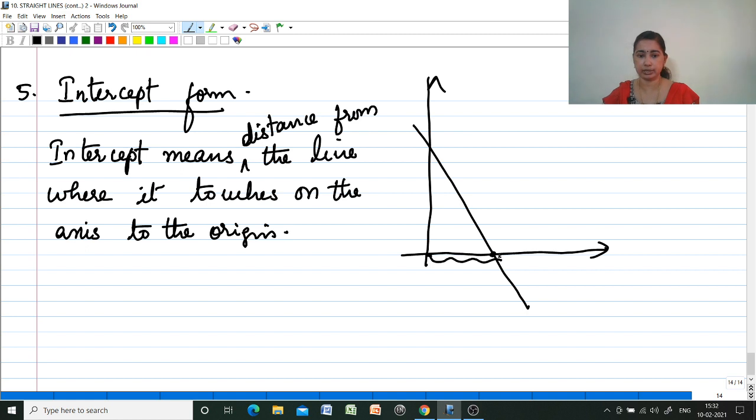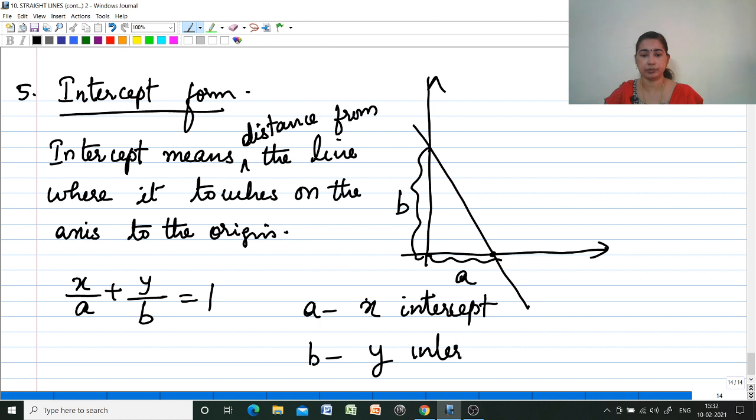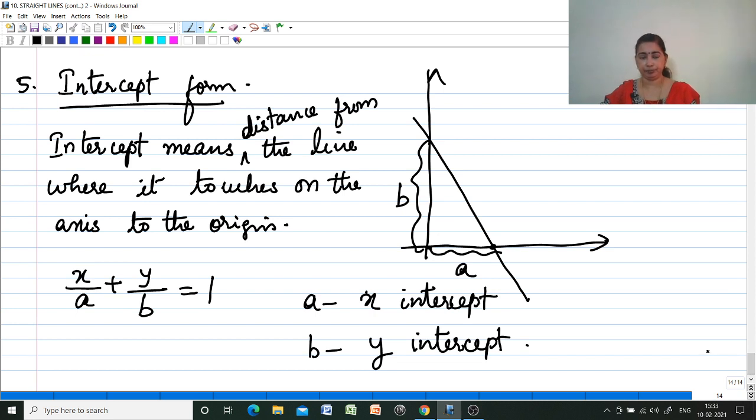This is called the x-intercept. Let that be a and this be b. So the equation we can write as x by a plus y by b is equal to 1, where a is the x-intercept and b is the y-intercept. So that's called the intercept form.